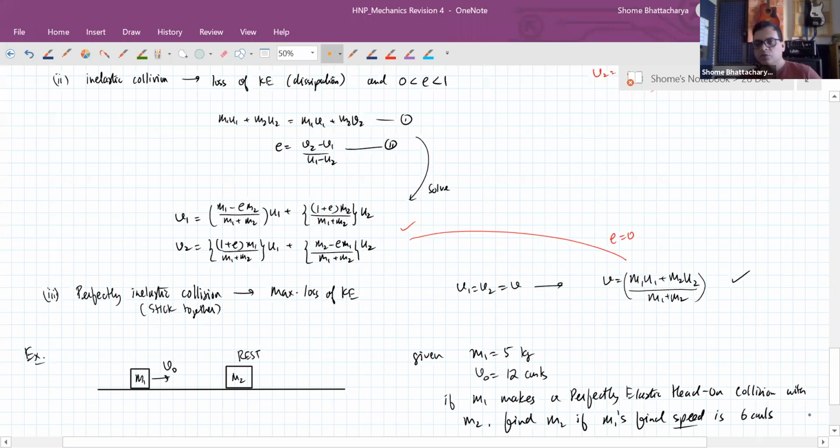If m1's final speed or final velocity has a magnitude of 6 centimeters per second, then how much is m2? Okay, the surface is smooth, so there's no friction involved.